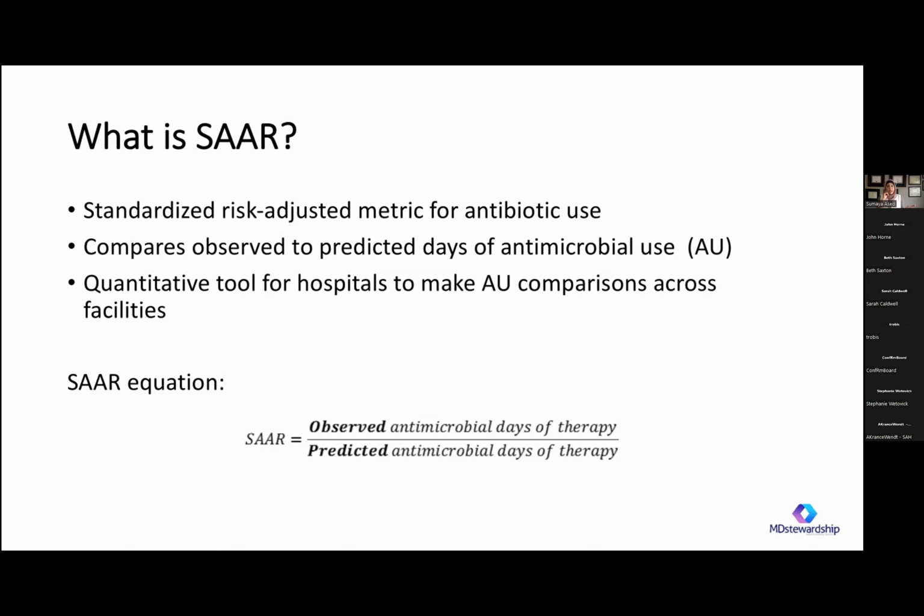And it's a quantitative tool to help you make comparisons across different facilities. The equation is the observed antimicrobial days over the predicted antimicrobial days. Again, this is not something that's manually calculated. The software that calculates it uses, like, barcode scanning, for example, to calculate the antibiotic days.